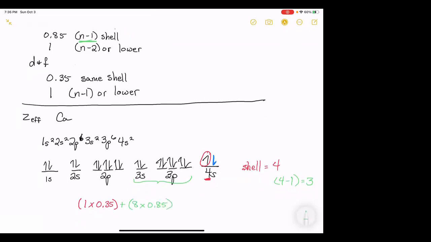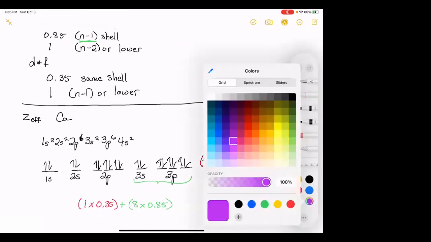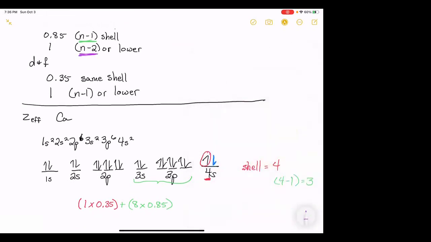And then for the last one, we're looking at n minus 2. Well, again, that would be 4 minus 2 or lower. So anything in the 2 or lower is going to be a 1. So all of these are in 2 and lower. So we would have 10 electrons times the 1.